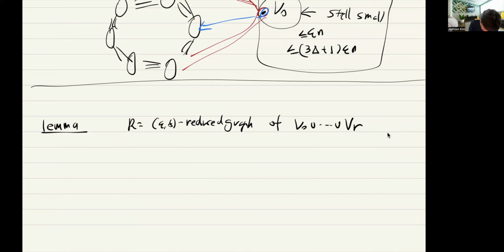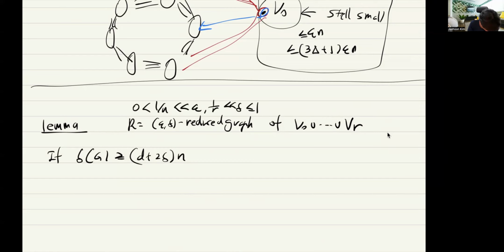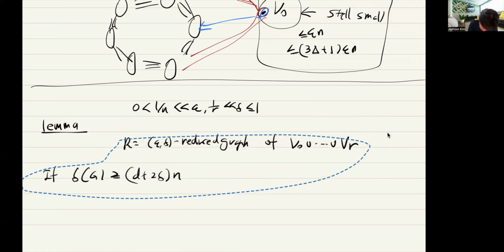Then what we know is that this R inherits the minimum degree condition on G. Yeah, maybe I will write down the statement.